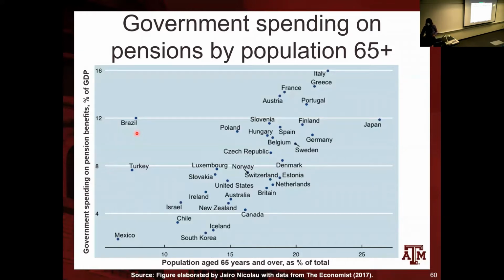And Japan has like around 27% of the population with at least 65 years of age. So that means that Brazil has to pass by some form of reform of the pension system, because a lot of money that is produced in this country, in Brazil, is being used for pension benefits.